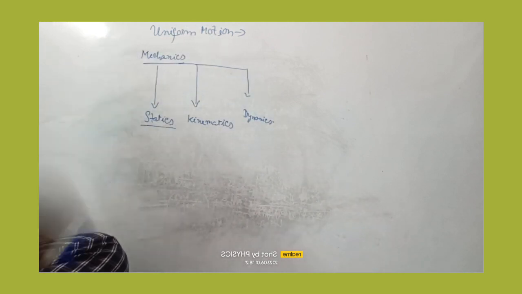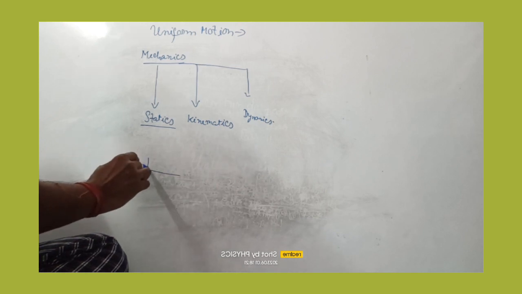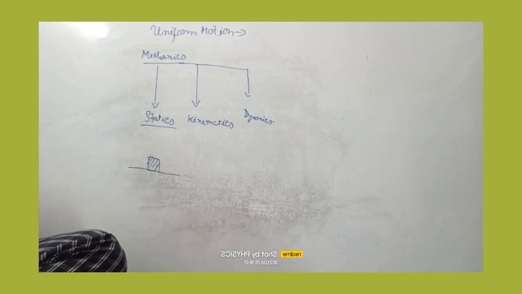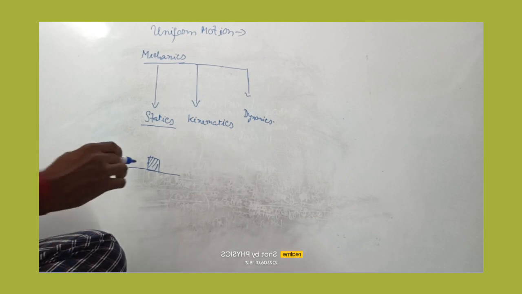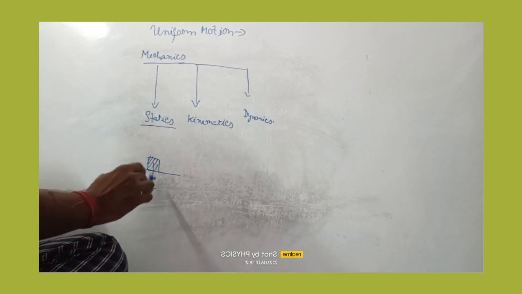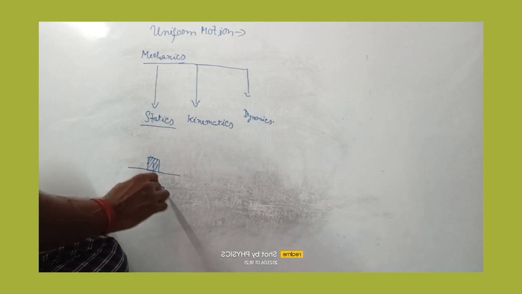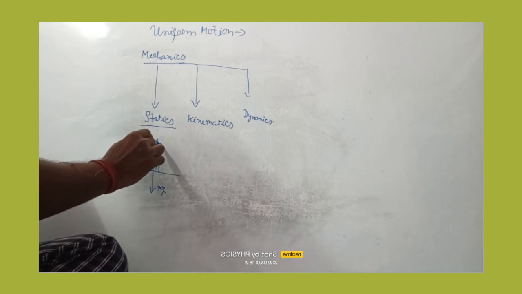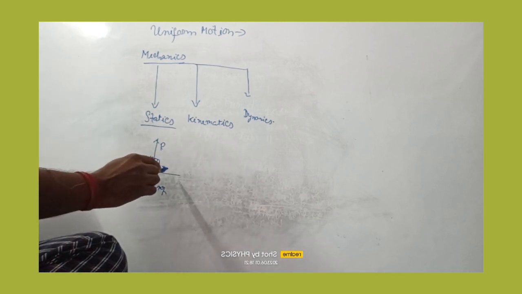What is statics? It is a study of an object at rest or in equilibrium under various forces. As we take a block on the floor, its weight mg acts in the downward direction, perpendicular to the floor, and the normal reaction force acts in the upward direction, perpendicular to the floor.